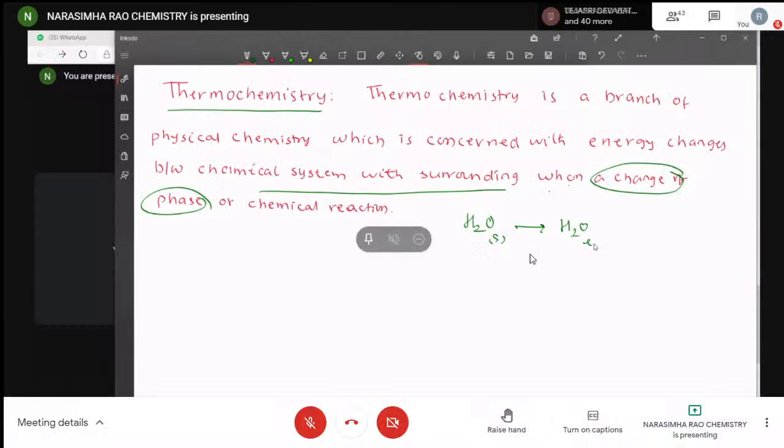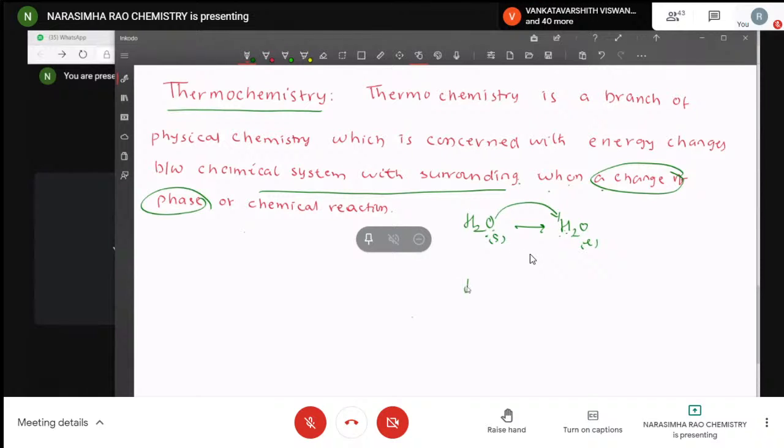Thermochemistry is a branch of physical chemistry which is concerned with energy changes between a chemical system and its surroundings. Surroundings means when the chemical system changes phase. Change of phase means H2O solid to H2O liquid. What are the energy changes during this phase change?